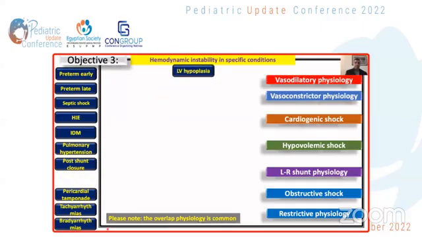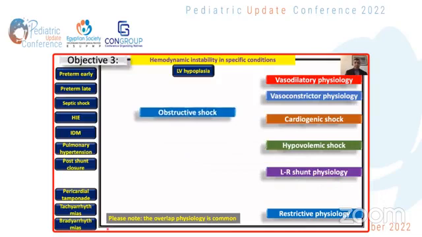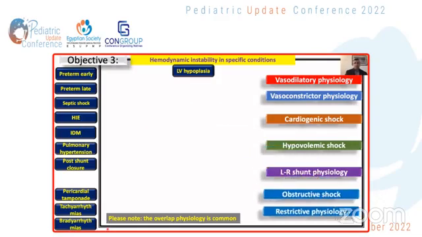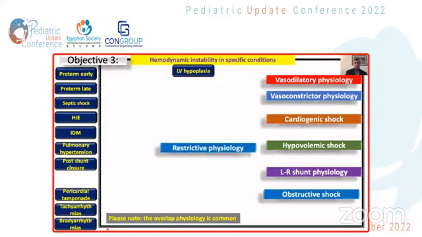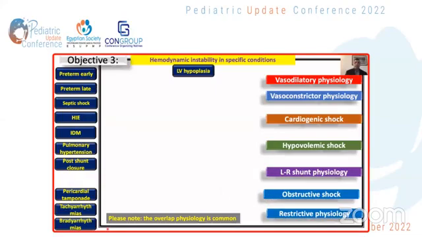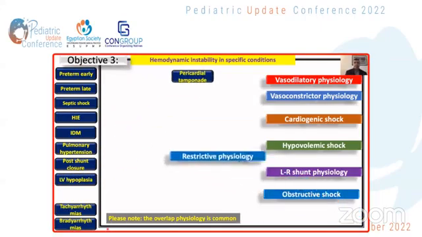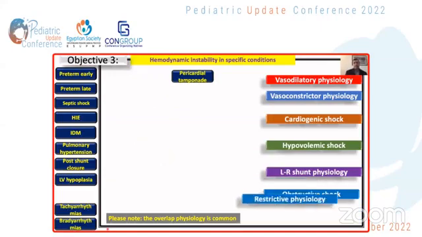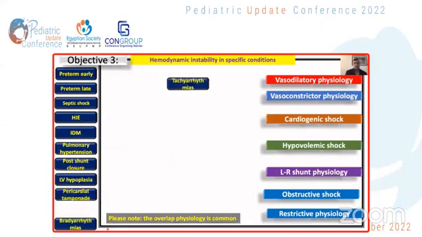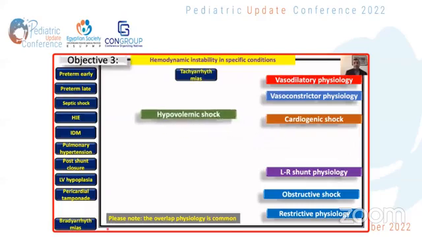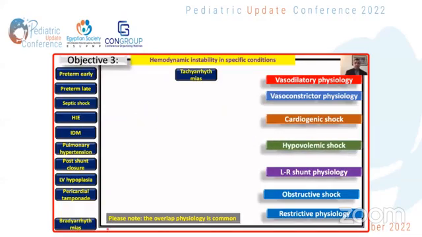In LV hypoplasia, you may expect obstructive shock or restrictive physiology, left ventricle hypoplasia, because there is limited space for fluid or blood in this category. In pericardial tamponade, we may expect restrictive physiology. In later stages of tachyarrhythmia, for example, we may expect hypovolemia because of the tachycardia.